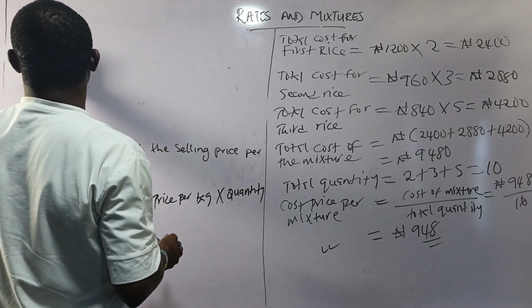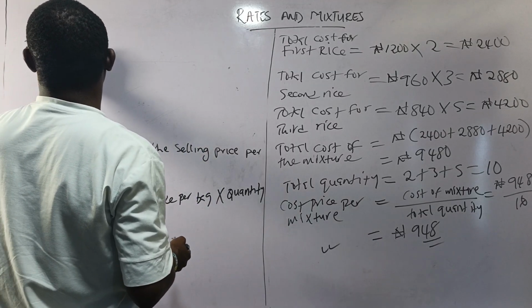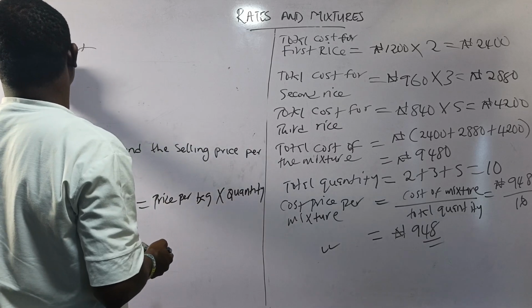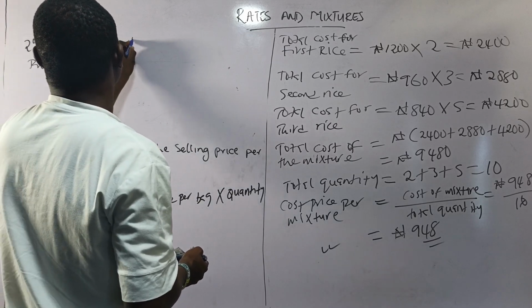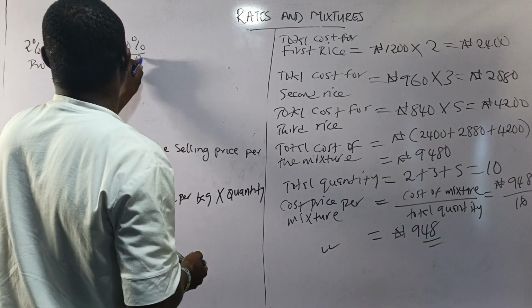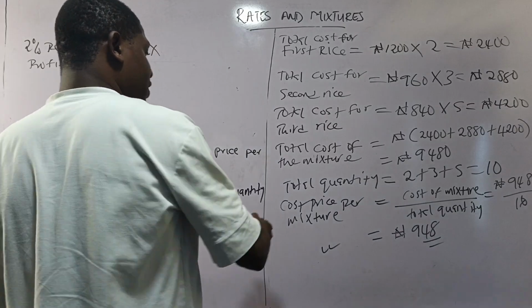So 20% profit is equal to 20 over 100 times the cost.